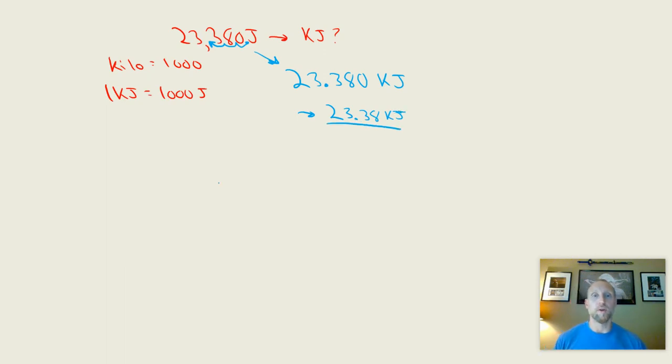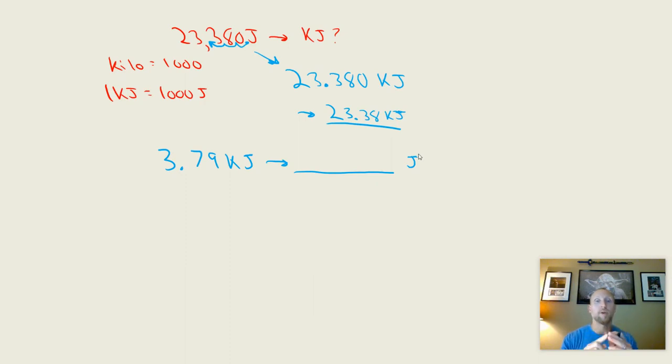If we wanted to go the other direction, let's say I had 3.79 kilojoules, and I wanted to convert that to joules. Now I'm going from a bigger unit to a smaller unit.